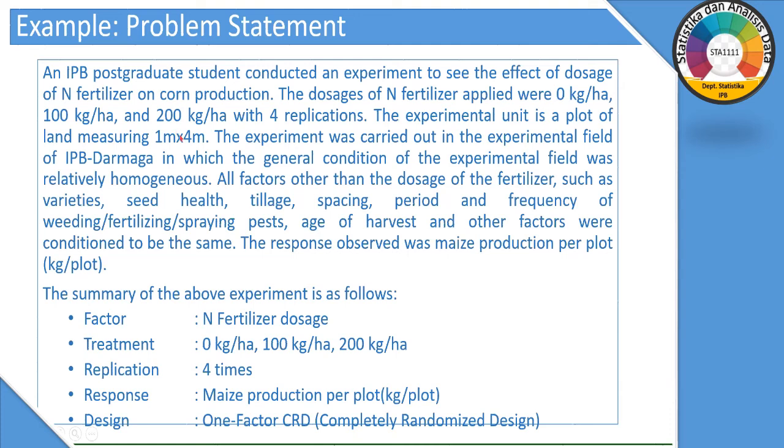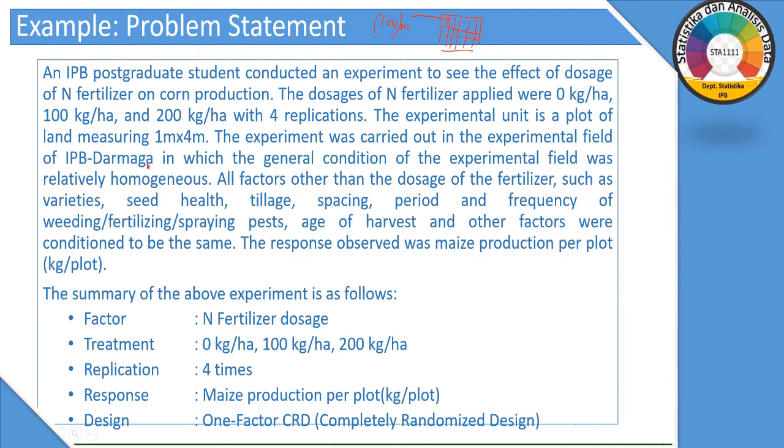Okay, 1 times 4 meter, right? This is one plot. So perhaps if you go to, for example, an agricultural field, right? It is divided into grids like this, right? So here, for example, one plot is 1 times 4 meter square.